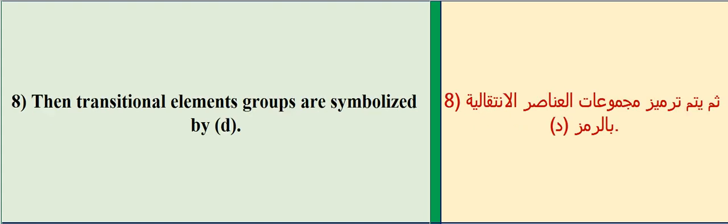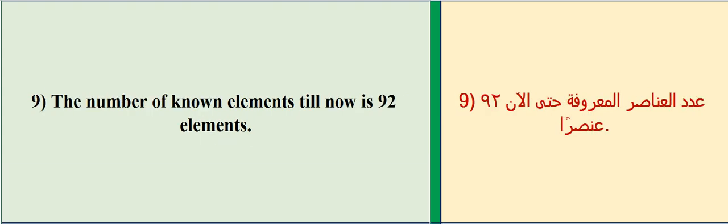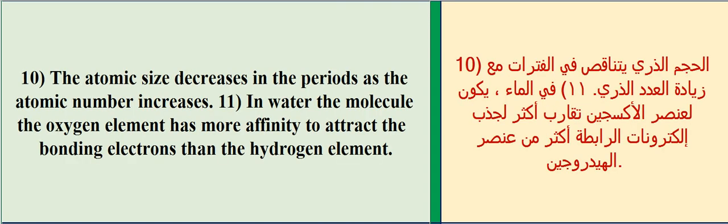8. The transitional elements groups are symbolized by d. 9. The number of known elements till now is 92 elements. 10. The atomic size decreases in the periods as the atomic number increases. 11.